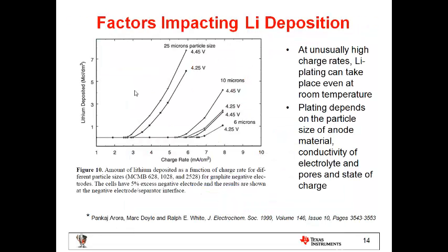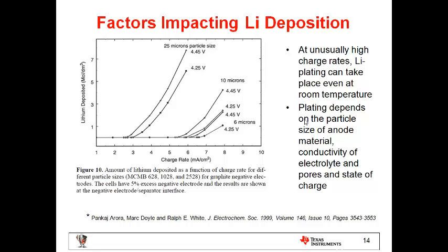So this effect has been investigated in the literature, for example, in this paper by Aurora. What they found is that this IR drop across the intercalation is very strongly dependent on the particle size of our active material.